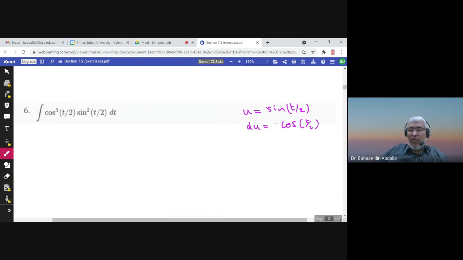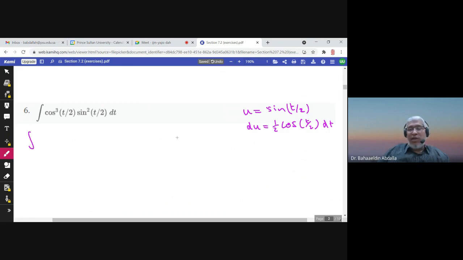The derivative of t over 2 is half, because t over 2 is just half times t. So the derivative of t over 2 is just half. Okay, so now, of course, multiplied by dt.